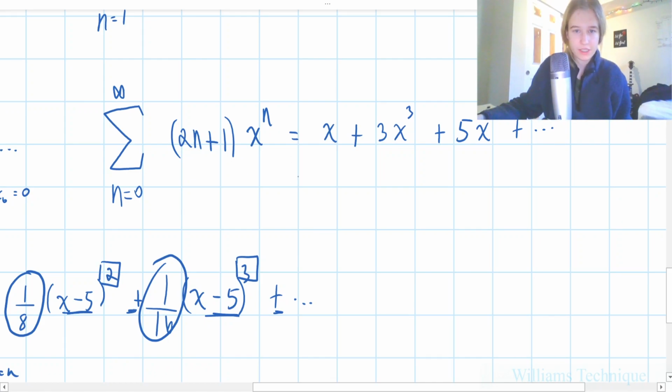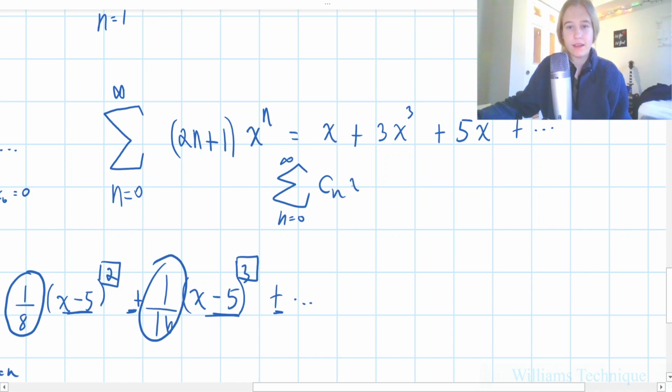Okay, now let's look at this series over here. This is similar to the one that we just did because it fits the general form of the sum from n equals 0 to infinity of Cn times (x minus x naught) to the n.